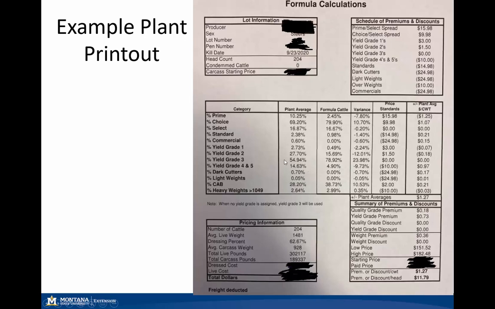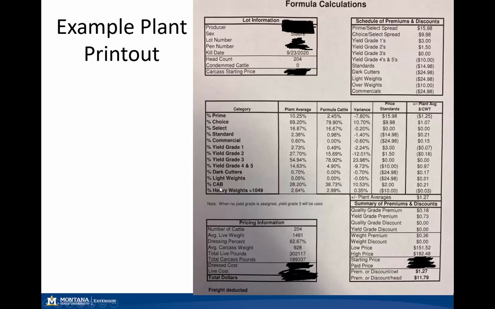So checking out the plant averages, for yield grade 3s or better, which means a 3 to a 1, we're talking in that 95% range getting average or a premium. Only about 5% of those had received a discount, which is still well below plant average. Those animals were right about finished is how I would consider this. No dark cutters, no lightweight animals.